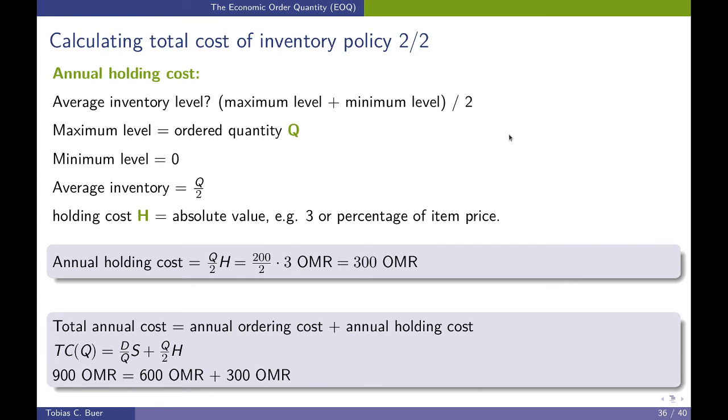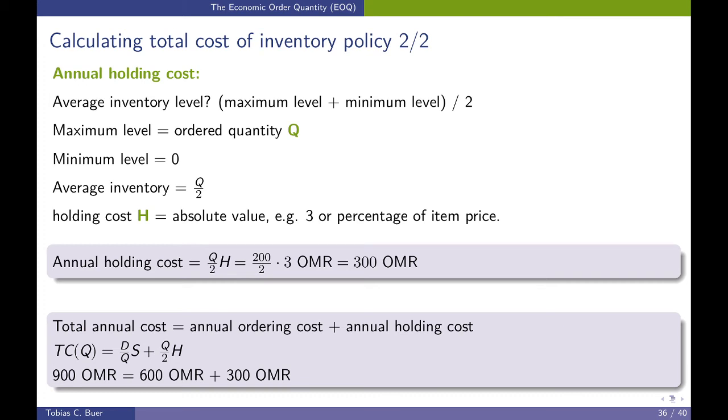And here for the economic order quantity, the maximum level is equal to the order quantity Q. In the example, the 600 items we have ordered, shown in the picture. The minimum level is always 0, and therefore maximum plus minimum, Q plus 0, divided by 2 gives us an average inventory of Q over 2.